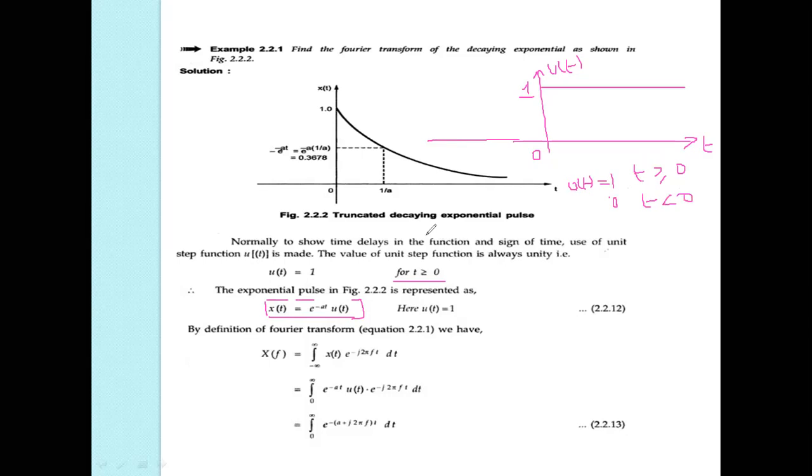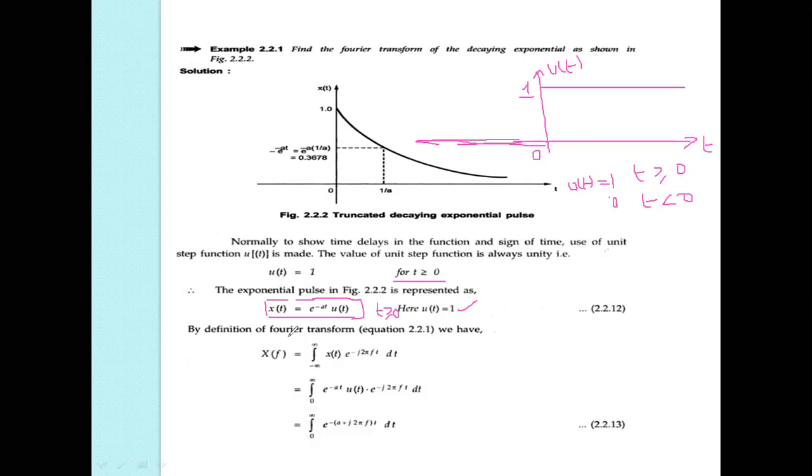So there is no value for all the negative values of t; mu of t is equal to 0. So the given decaying exponential pulse is x of t equal to e power minus at mu of t, for t greater than or equal to 0, where mu of t is equal to 1.